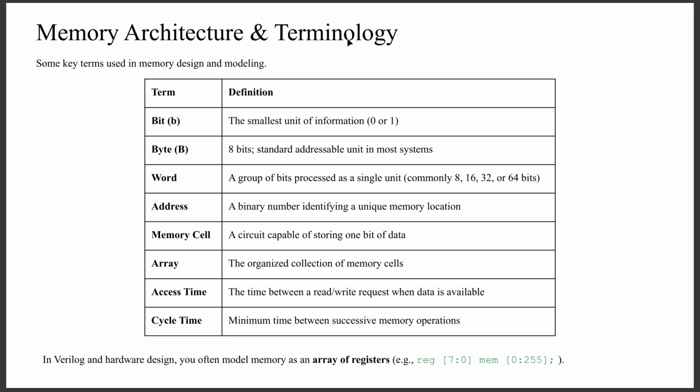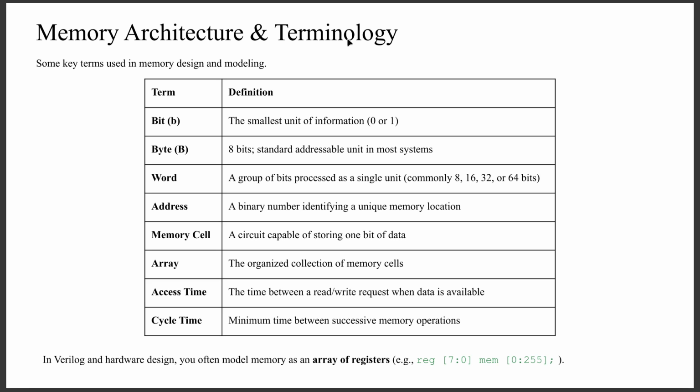An address is a binary number identifying a unique memory location. A memory cell is a circuit capable of storing 1 bit of data. And an array is the organized collection of memory cells. Access time is the time between read-write requests when data is available, and cycle time is the minimum time between successive memory operations.